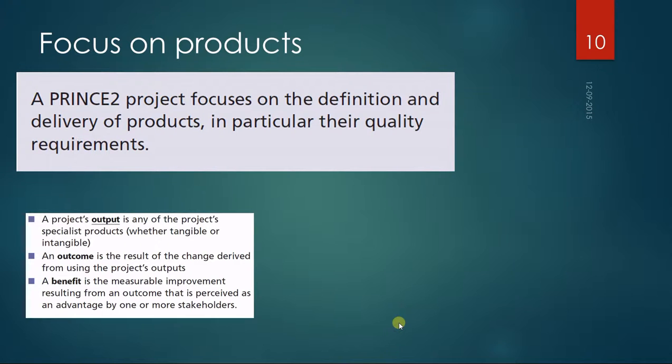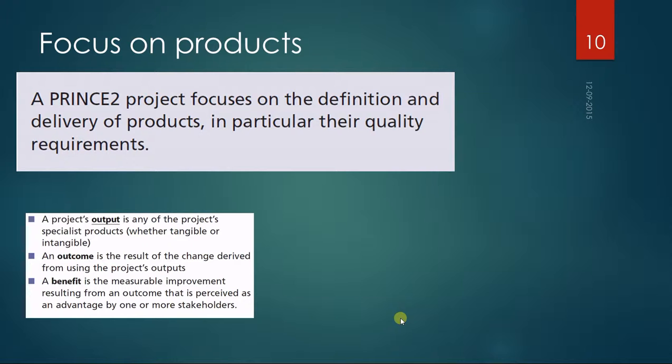And then they have some very precise definitions of output, outcome and benefit. The output of a project is actually the products. The outcome is the result of the change that the products deliver.